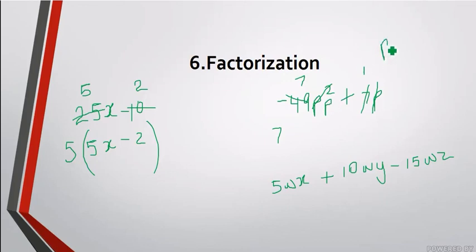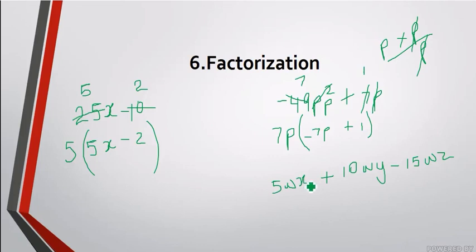Good, and I'm going to put the p outside. Again, p squared is simply p multiplied by p. Okay, so I'm canceling off 1p. Good, I remain with p. Right, so 7p. There are no more terms for me to factorize, so I'm going to put my remaining terms in brackets. What do I remain with? Minus, yes, don't forget your signs, minus 7p on this side plus 1 on the other side.